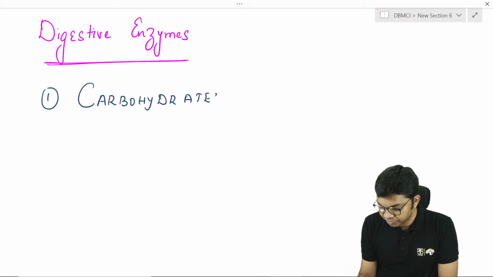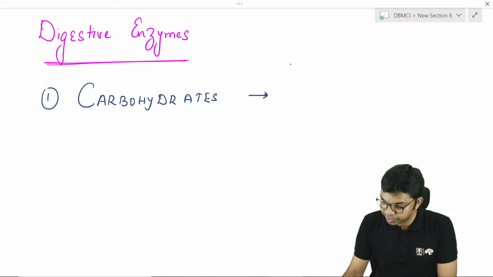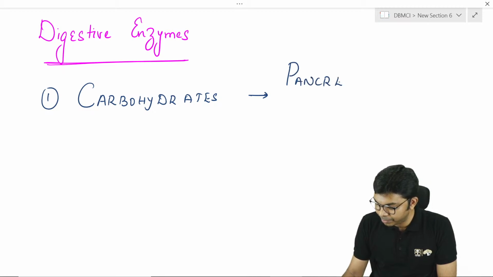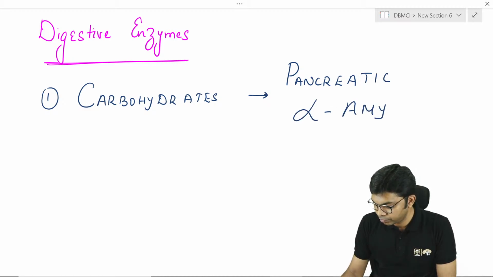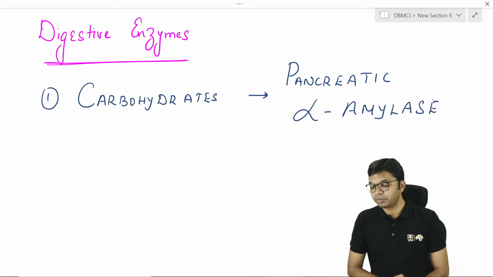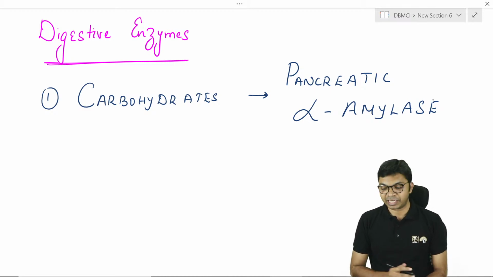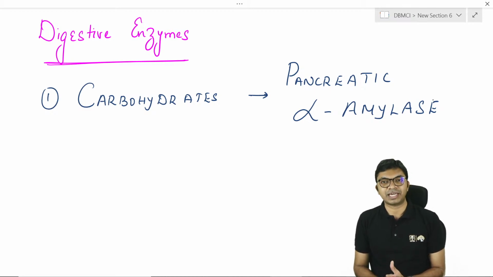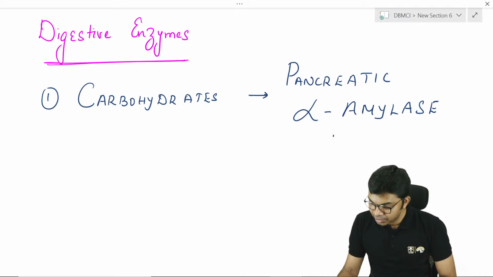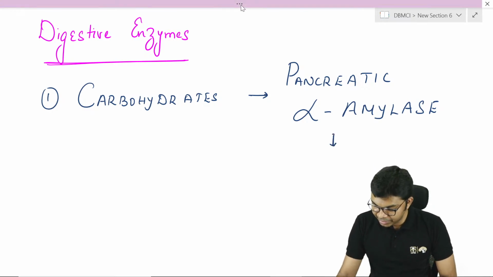For digestion of carbohydrates, pancreas keeps producing pancreatic alpha amylase, which is going to act on complex polysaccharides and break down complex polysaccharides into disaccharides.